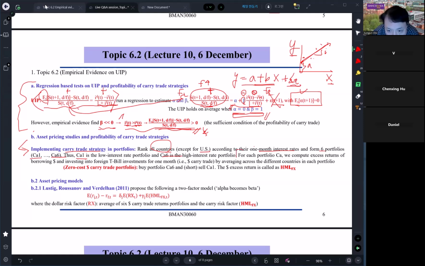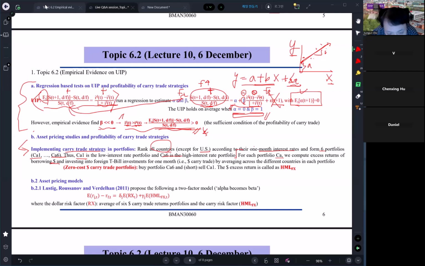And for each country, for each portfolio CA, we compute the excess return of the dollar carry trade, which means borrowing dollar, investing into foreign currency money market. Now, you may wonder, carry trade means borrowing low interest rate currency and investing into high interest rate currency.